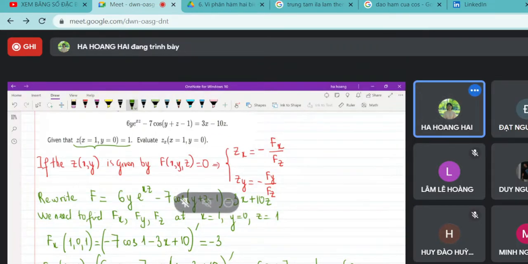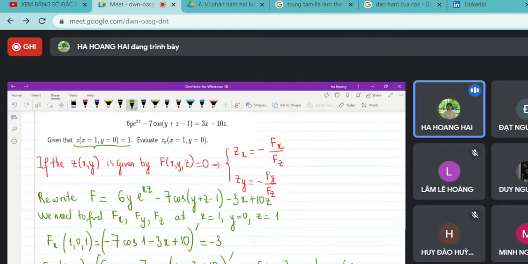Minus 3 and plus 10z. We find the derivative of this function and get 7 sine z minus 1 plus 10. Then we replace z equal to 1 and we get 10, right?